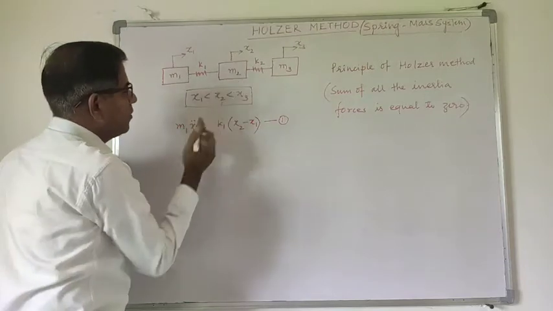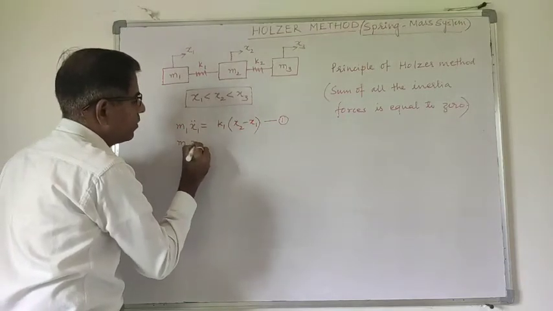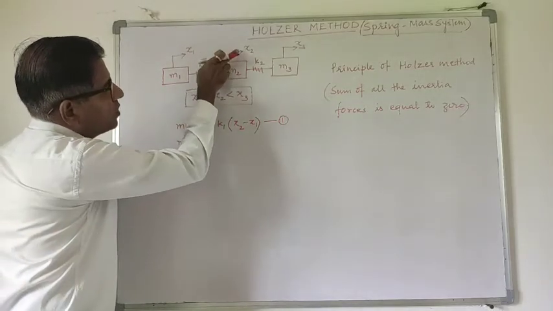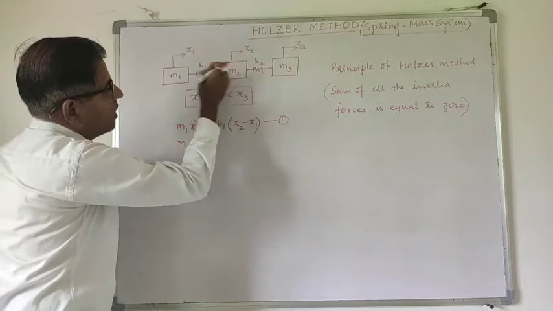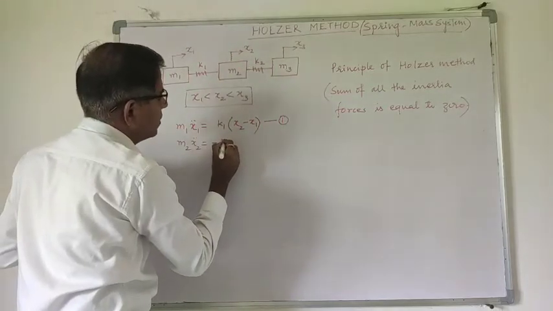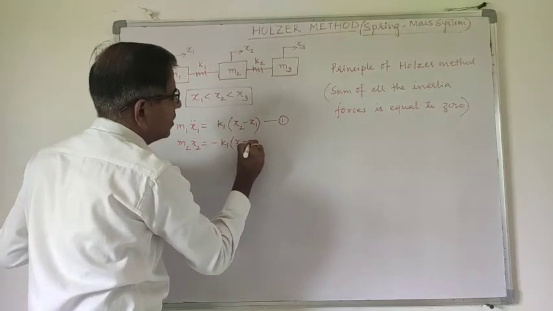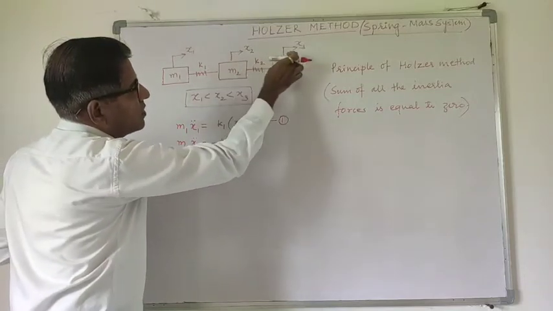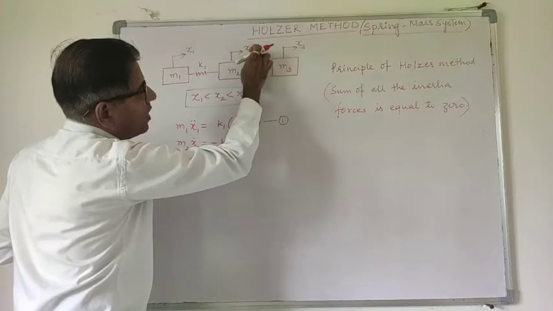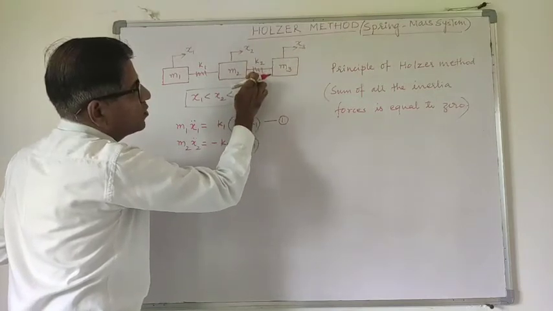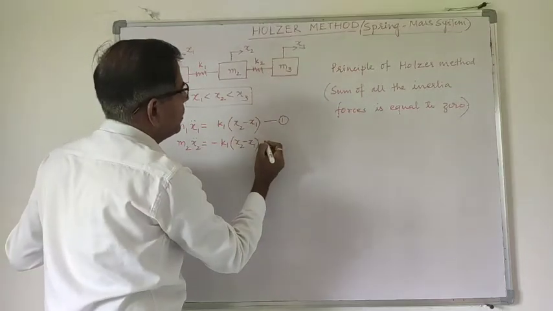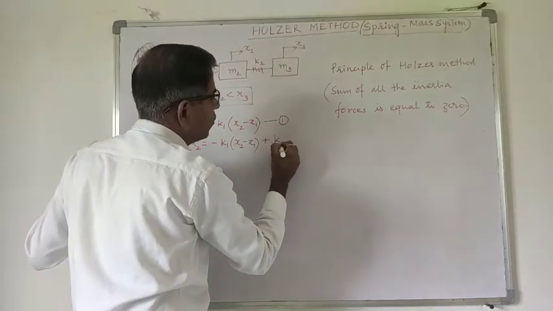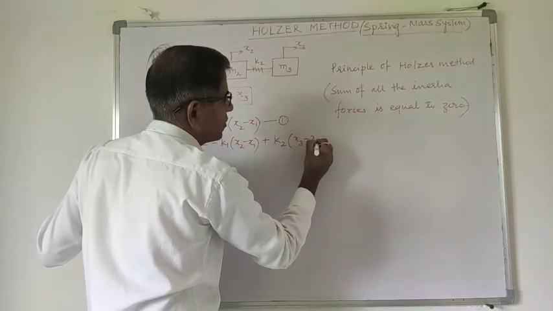Now the inertia force at M2 is given by M2 x2 double dot. Now this force will oppose the displacement of x2, so it will act in this direction, and so it will be minus K1 into x2 minus x1. Since the x3 displacement is more than x2 displacement, this spring force will act in this direction, so it will be positive because it is in the direction of the displacement: K2 into x3 minus x2.